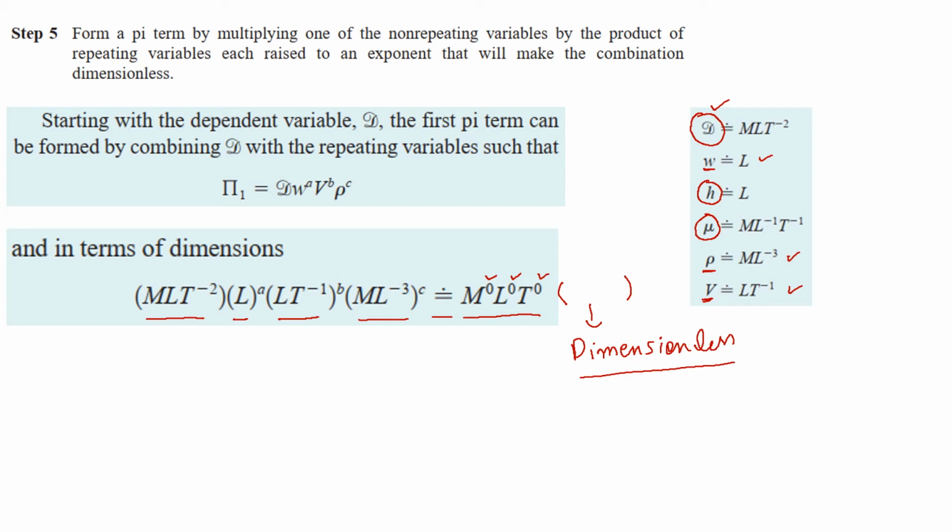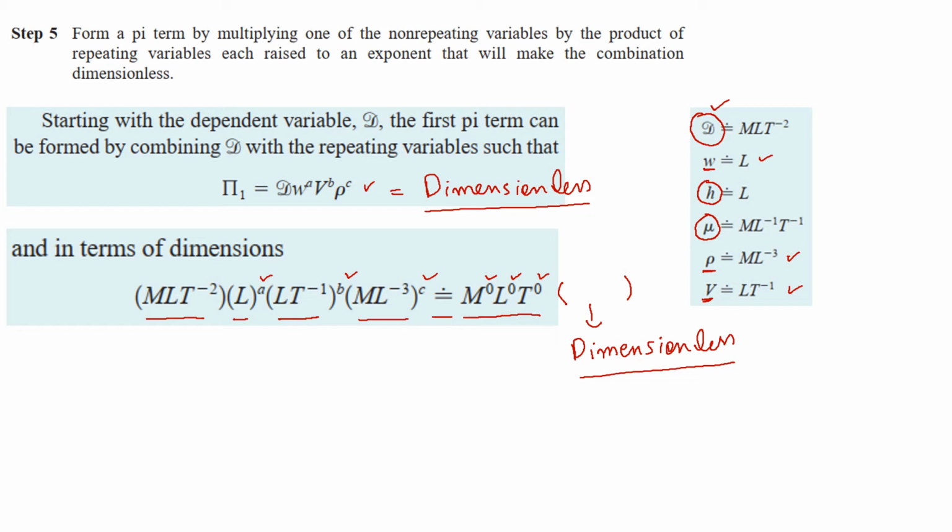And this is where dimensional homogeneity also comes into play. Now I will have to determine the values of A, B, C, so that I can arrange these repeating variables in this pi 1 term such that they are also dimensionless. So what I'm doing here is applying the principle of dimensional homogeneity, and the principle of dimensional homogeneity means that my left hand side will be equal to my right hand side.